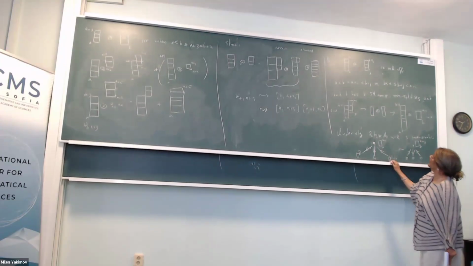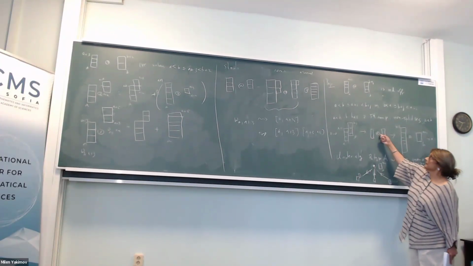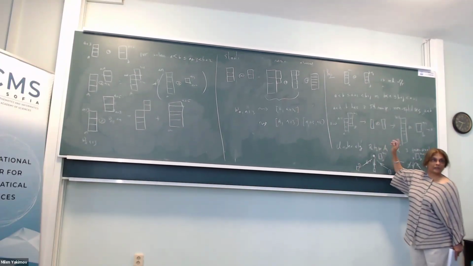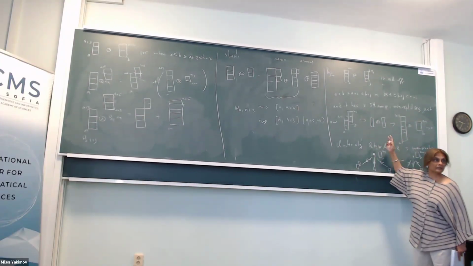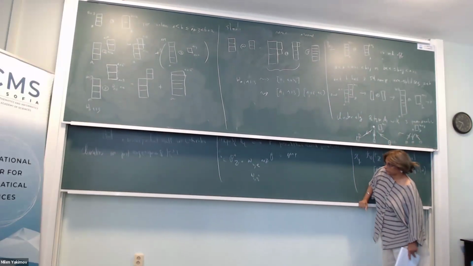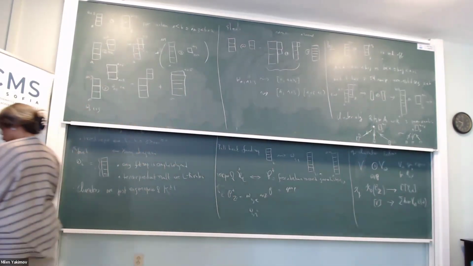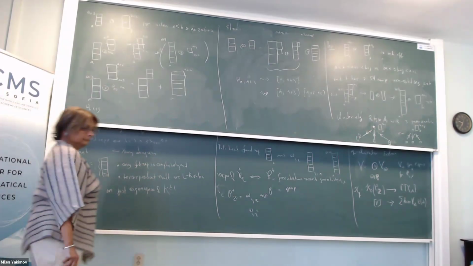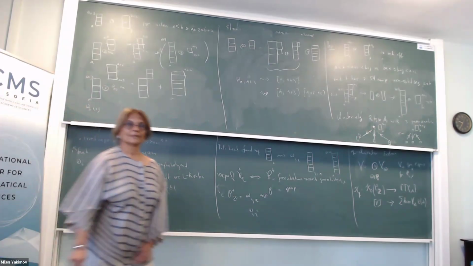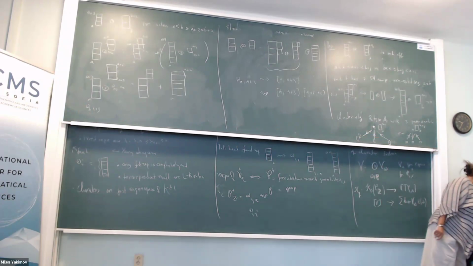You notice that I said I'm going to assume A is less than B. If you take A greater than B, then the order of the sequence will change. So it is sensitive. Just to clarify, the skew diagram is also irreducible. Exactly.